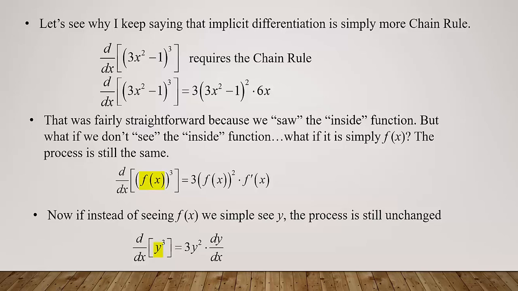And we're thinking that y is a function of x. So when we compute the derivative, it'd be 3 times y squared, times the derivative of that function of x. Well, the derivative of that function of x would be y prime, or we write it as dy dx.